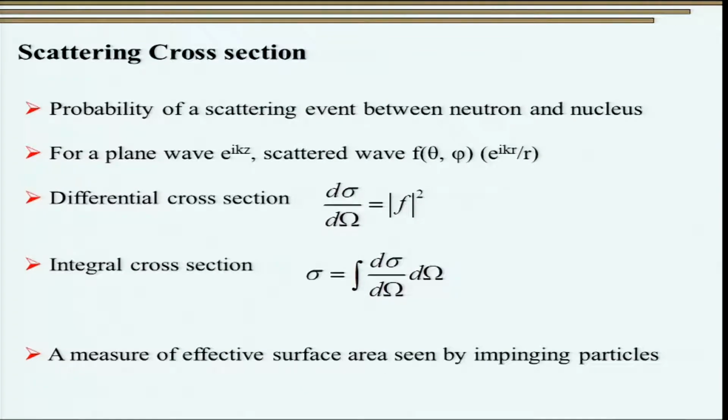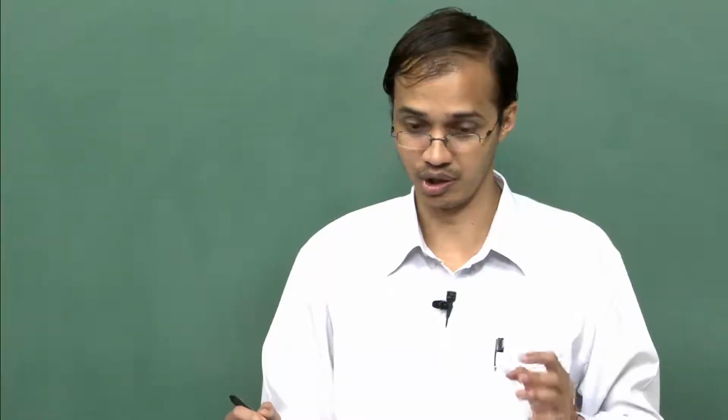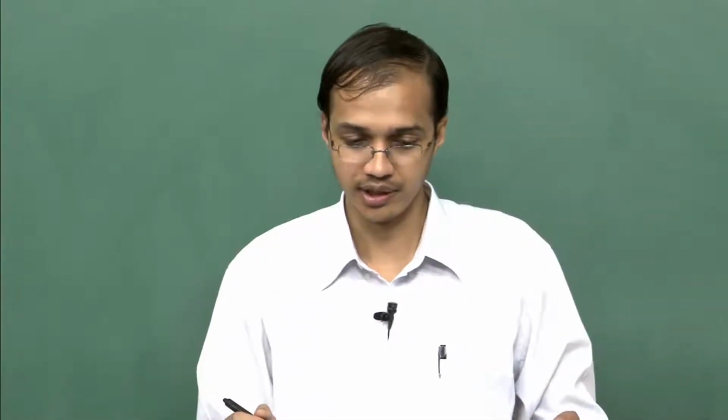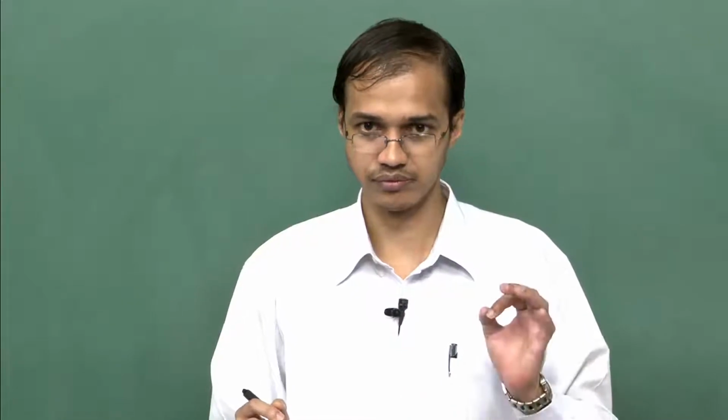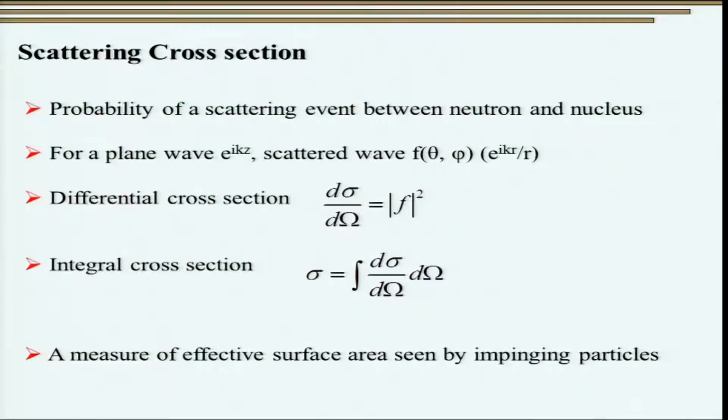Now, one of the most important parts, which we had talked about during X-ray as well as electron diffraction, is actually the scattering cross section. The scattering cross section essentially defines the probability of a scattering event between neutrons and nucleus.